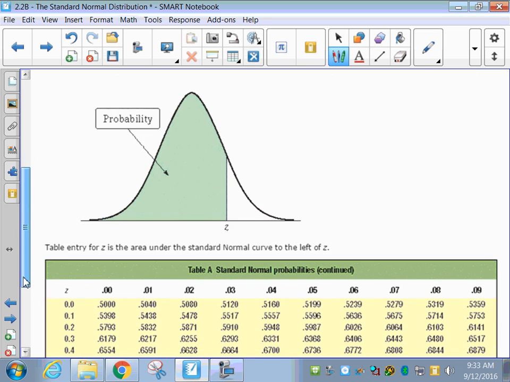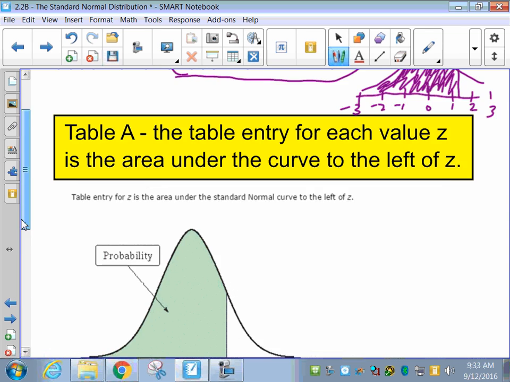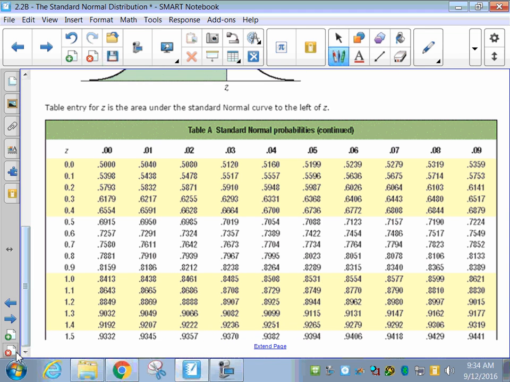Always left of the z-score. So everybody's going to find 1.25 positive. So you guys are probably on the negative page. So you need to flip it over one page. That's positive z-scores. And you should go down to 1 over here on the left and 0.5 over here. Hard to read, but try to find it in your book.